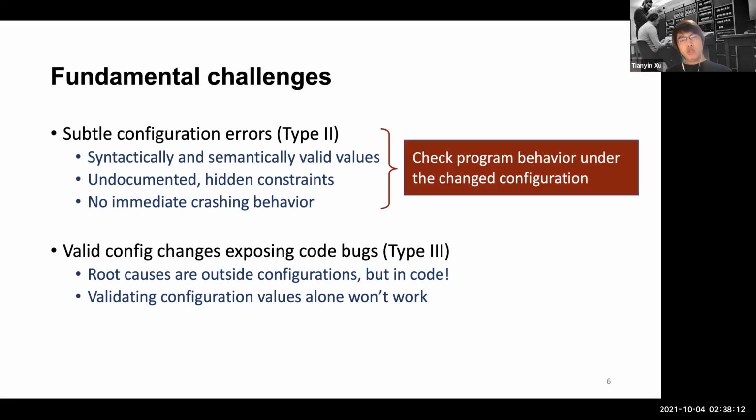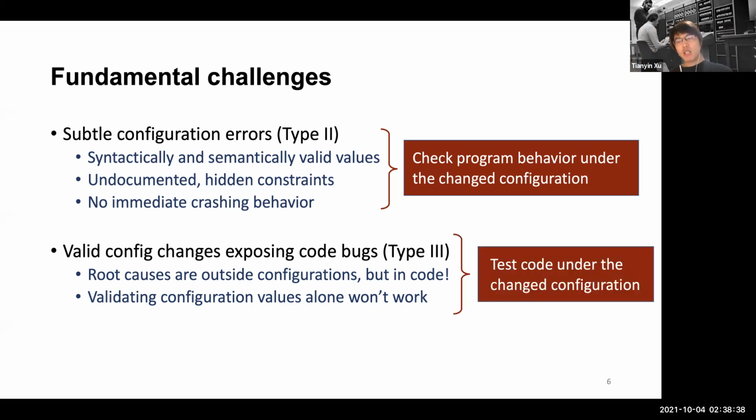So for type 2 issues, what we really need is to check the program behavior under the changed configuration, the configuration we want to deploy to production, right? And I don't believe in techniques that codify every single trivial code constraint, because remember that the code is also changed rapidly, right? It's going to be very costly and untenable.